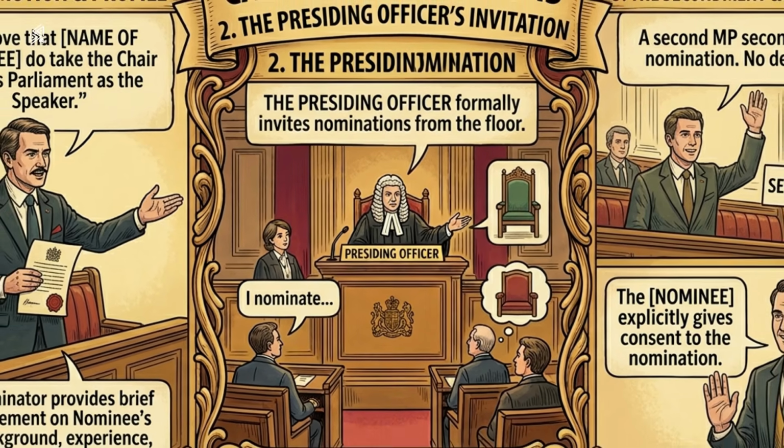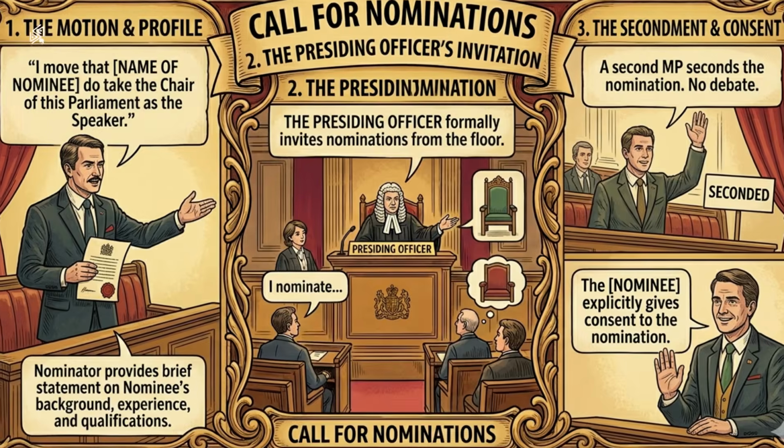Step 3, call for nominations. The presiding officer formally invites nominations from the floor. The motion: a member of Parliament rises and moves a formal motion stating, "I move the name of, for example, McTunnell Brian to take the chair of this Parliament as the Speaker."